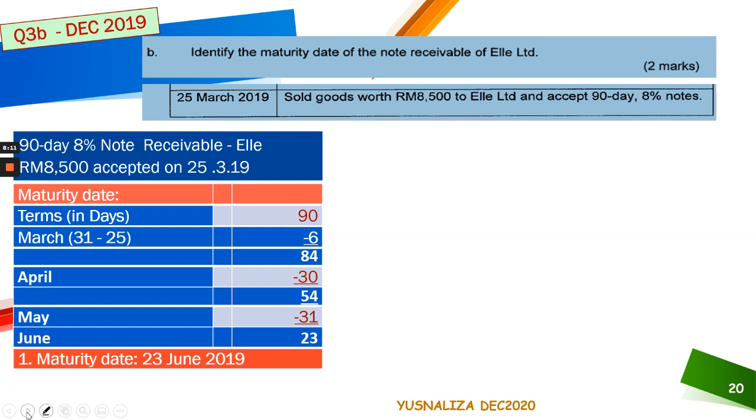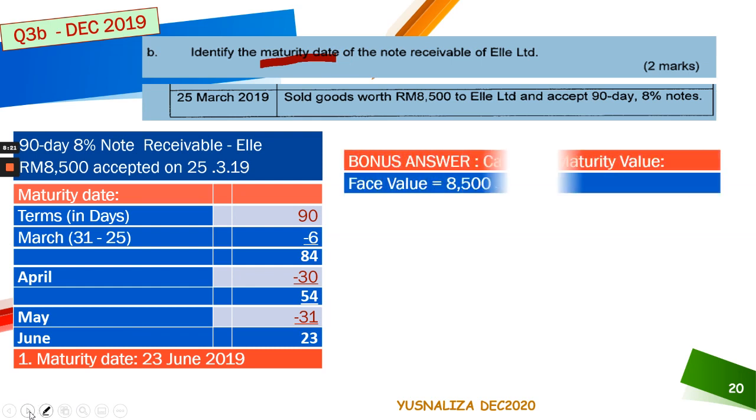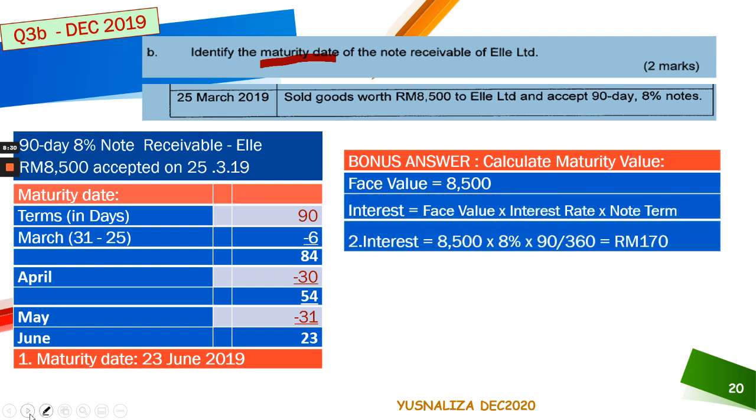What happens if the question asks you to calculate maturity value? I know the question only asks for the maturity date, but if you are asked for the maturity value, this is a bonus answer for you to check out. How do you calculate? First, take the face value, then calculate the interest. How do you calculate the interest? Take the face value, multiply by the interest rate times the note term.